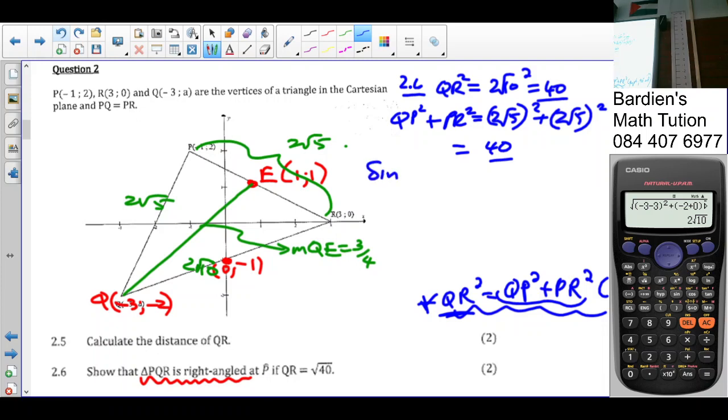So we say since QR squared is equal to QP squared plus PR squared, which is equal to 40, we just proved it's 40.